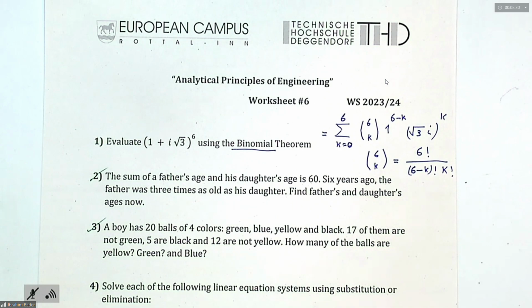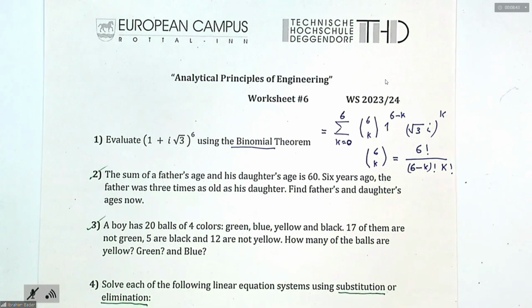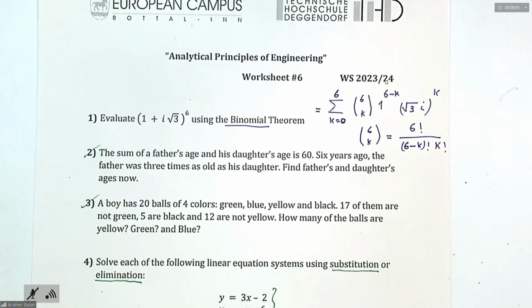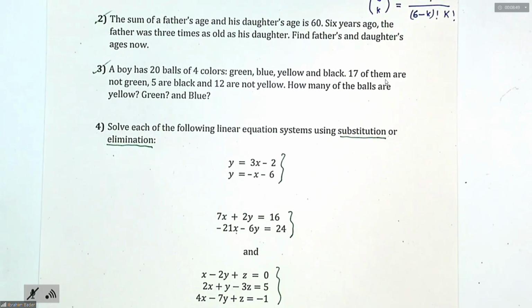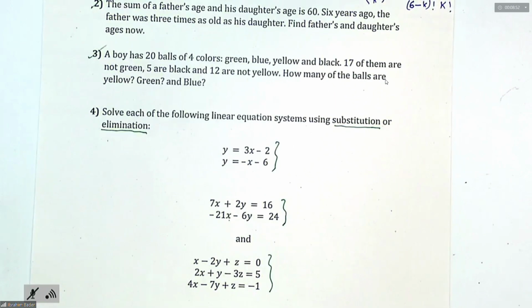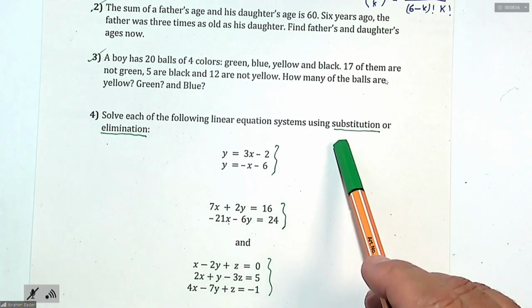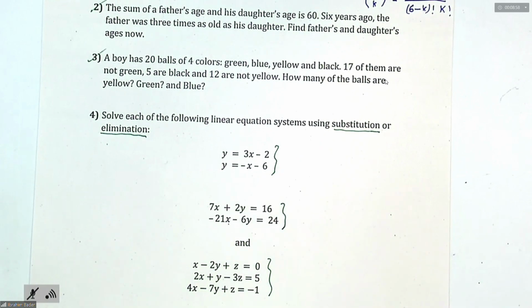In this last one, you have two-variable equations or linear systems and one with three variables, and you are asked to choose either substitution or elimination to solve it. I can imagine the first two are not complicated, but the third can be a little bit challenging using substitution, even though it can be solved. So it's up to you.